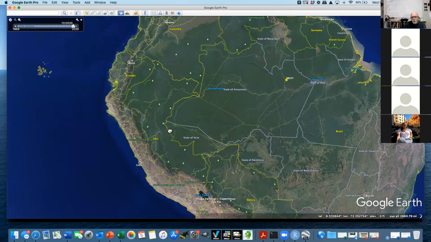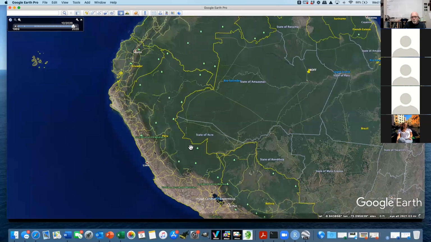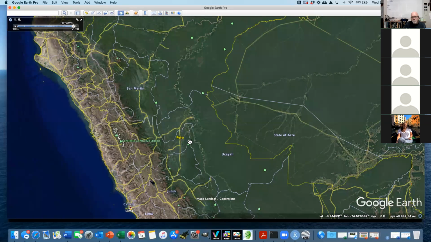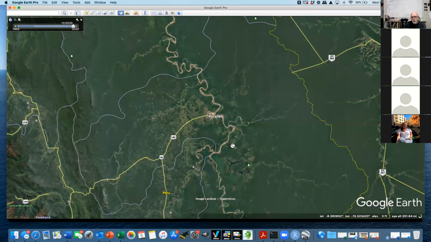Okay, so I'm going to go over here to Peru. I lived in Peru for a while, and we were based out of a town called Pucallpa, which is right here in kind of the center of Peru. And we worked in the jungles, basically north and south of Pucallpa along the Ucayali River.